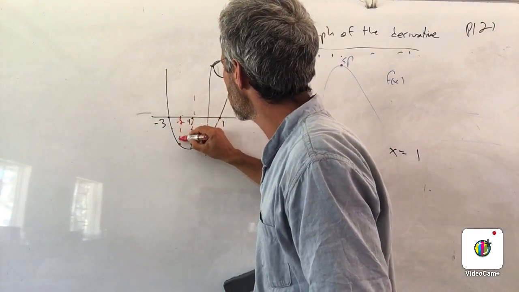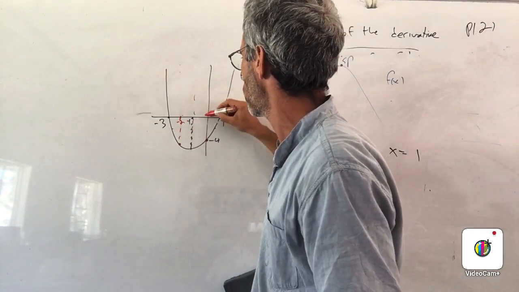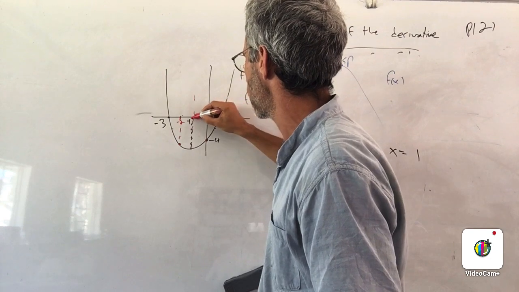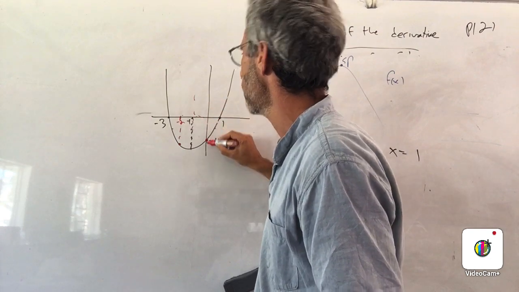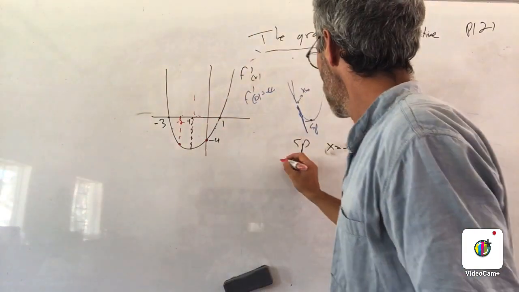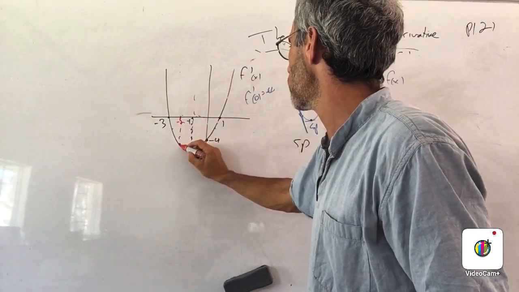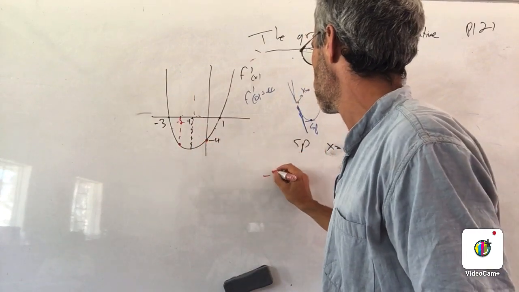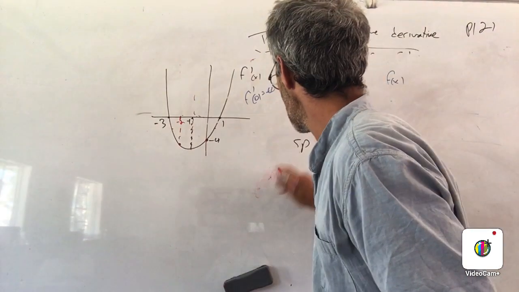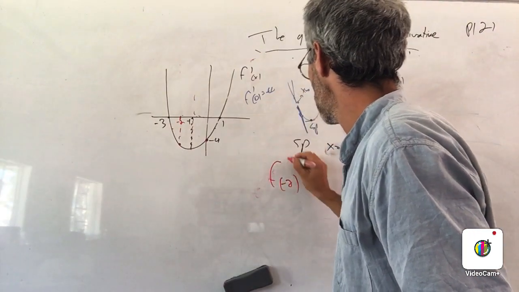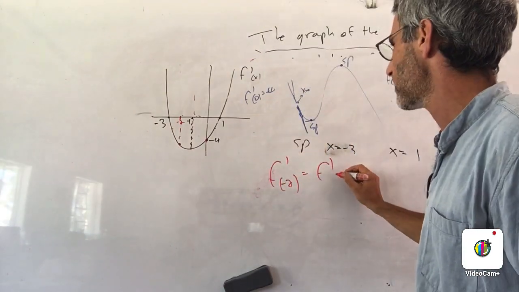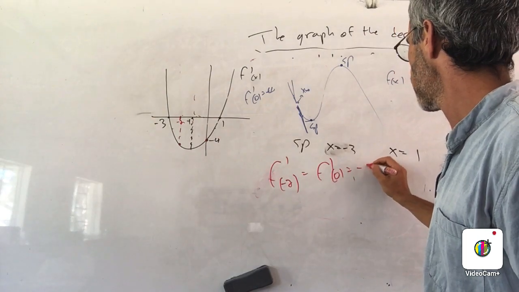So minus 2 is 1 away from the stationary point, exactly the same as 0 is. So the gradient at minus 2 is the same as the gradient here, in other words, it's minus 4. The derivative at minus 2 is the same as the derivative at 0, meaning it's minus 4.